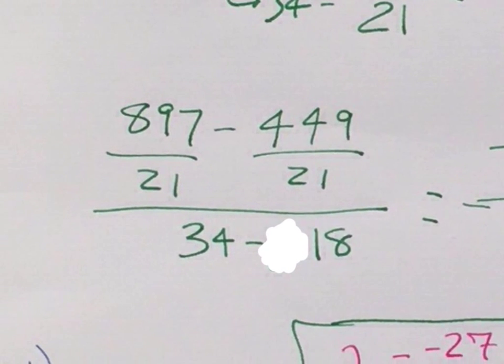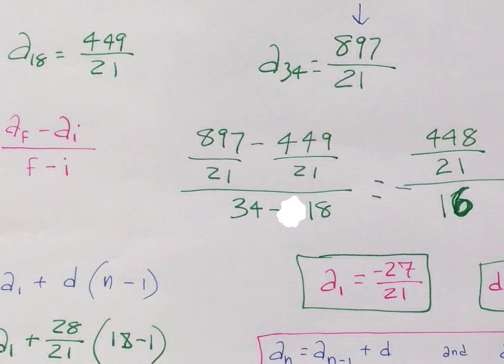We're going to get 897, which is the final value, minus 449. And 897 minus 449 is going to give us 448.